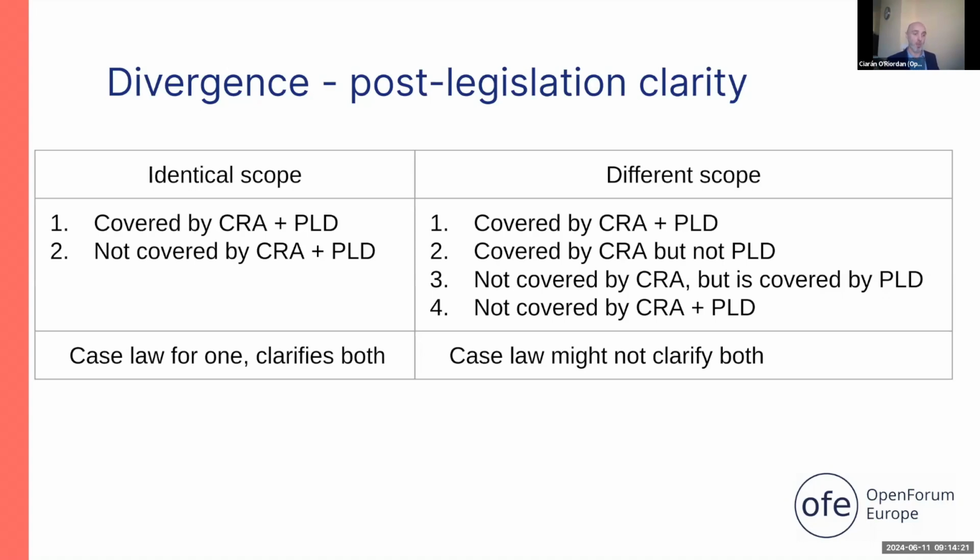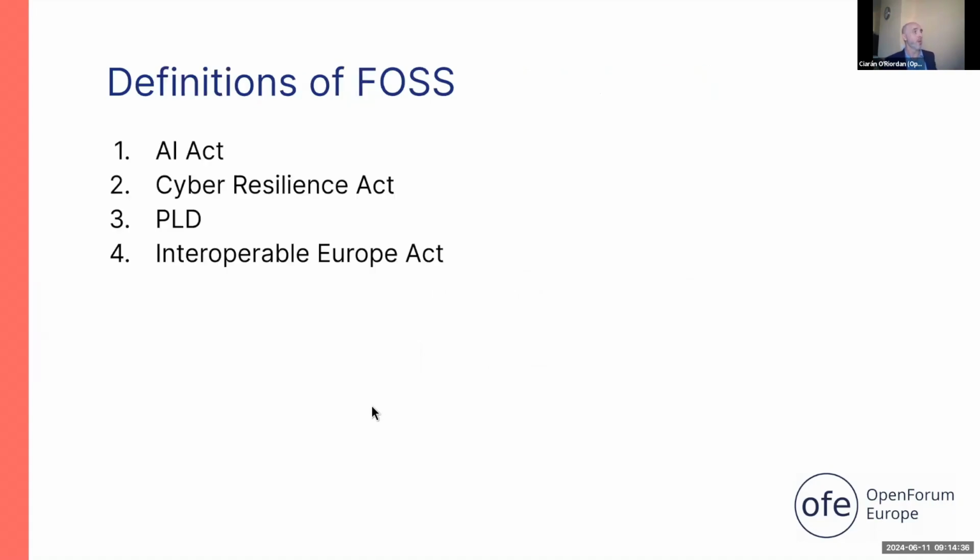So the more differences we have between the different regions, the more complicated it will be for people to work on compliance. So as much as possible, we want to encourage harmonization of scopes and terminology.